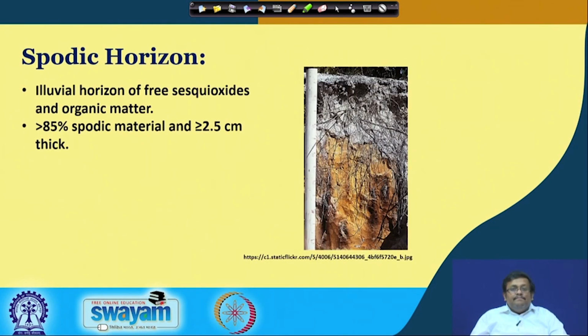Finally, spodic horizon, which is an illuvial horizon of free sesquioxide and organic matter. Sesquioxide is basically a combination of iron oxides and aluminum oxides, and this spodic horizon shows accumulation of iron oxides and aluminum oxides and organic matter, and it contains greater than 85% spodic material.